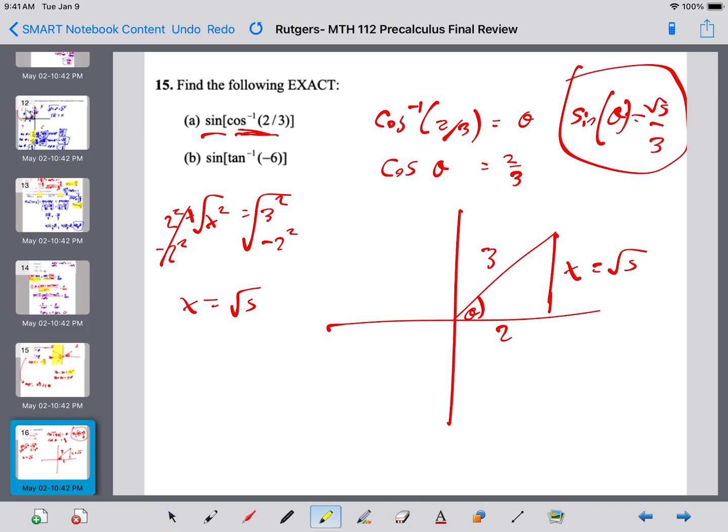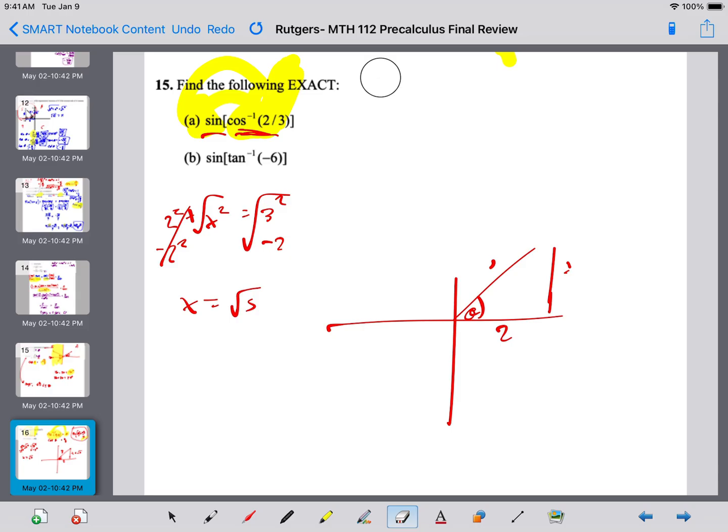The reason that gave me pause is technically you probably would need to use your calculator to find this angle. Or, I mean, you could leave it like this, I guess, even though it's not really going to tell you a value. But it gives you the angle, and then it's going to be sine of that angle. So I was thinking of it as just this part of the question. We're doing sine of that angle. So it's just going to be opposite over hypotenuse. Okay?